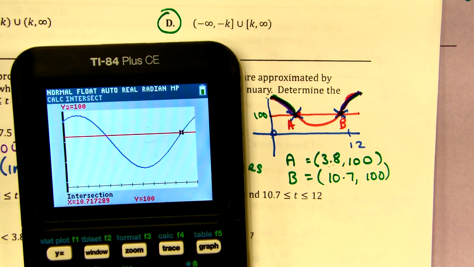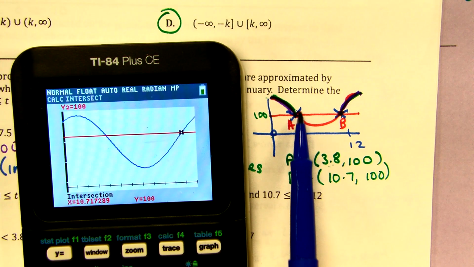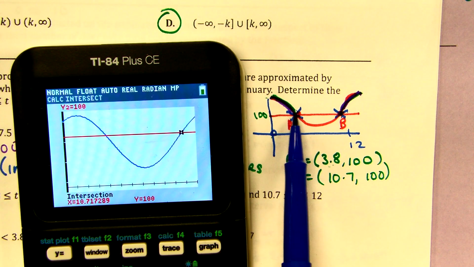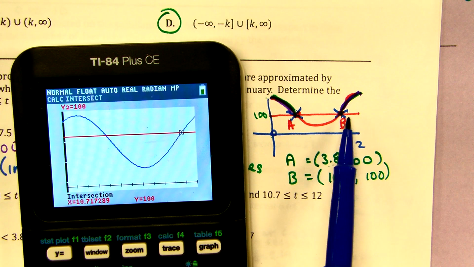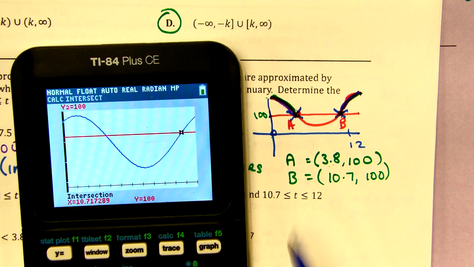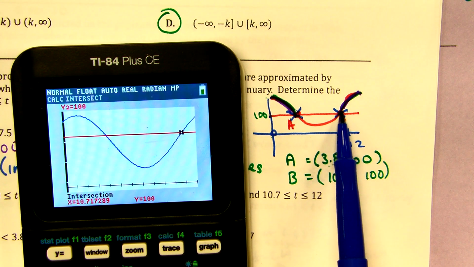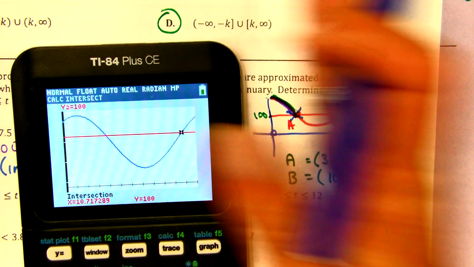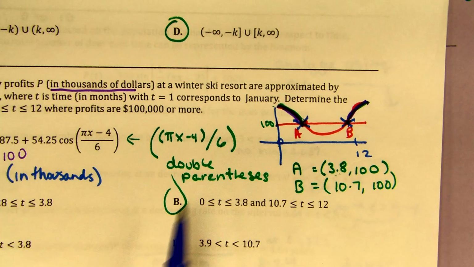So those are the two places where we intersect. And to answer the question, it's what I have in blue here, right? Where am I above that horizontal line? From 0 to this intersection point, then again from this intersection point to 12, right? This is 0 to 12. So that would be answer B.